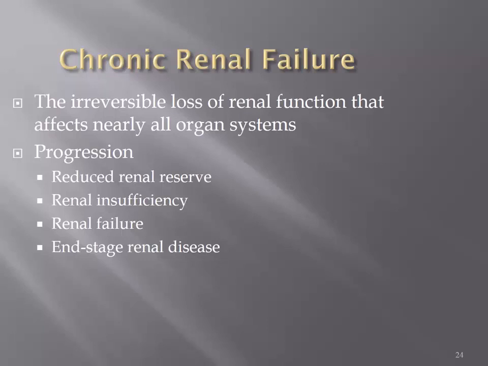In chronic, we usually see manifestation in all organ systems. The renal reserve will be lowered, and at some point the patient will start experiencing renal insufficiency, renal failure, and end-stage renal disease. All these stages are described and determined using glomerular filtration rate.